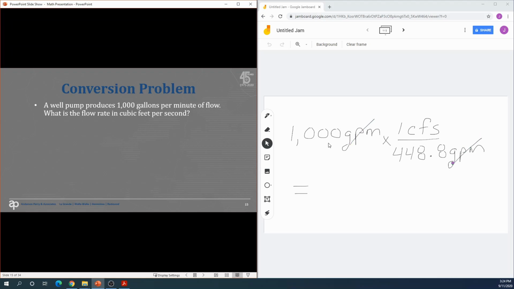We're going to be left with cubic feet per second. So we have 1,000 gallons per minute divided by 448.8 gallons per minute per CFS. We get 2.23 cubic feet per second.